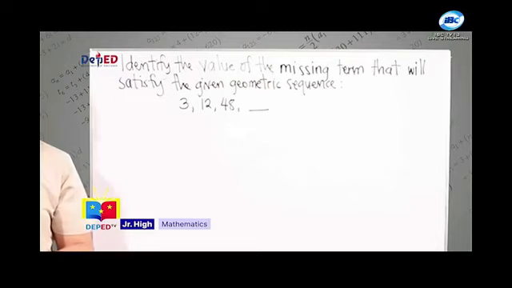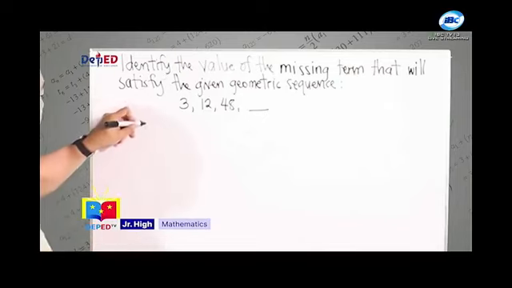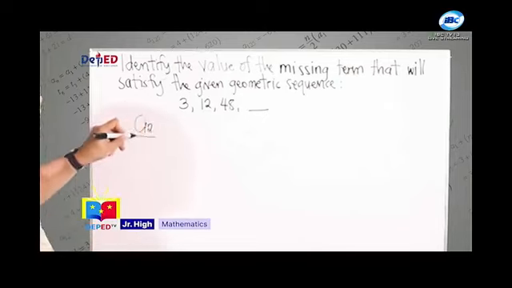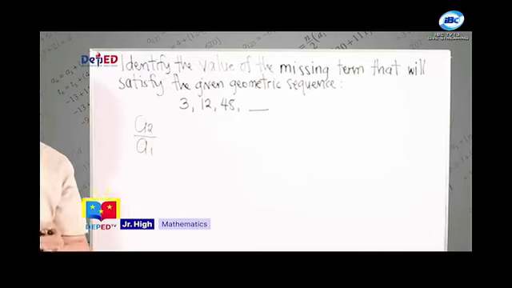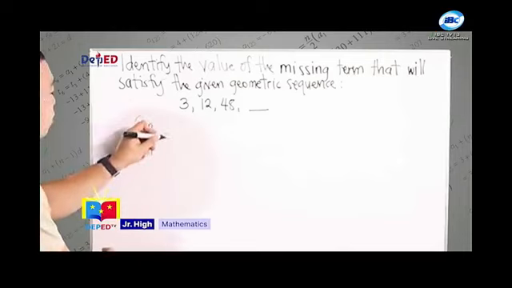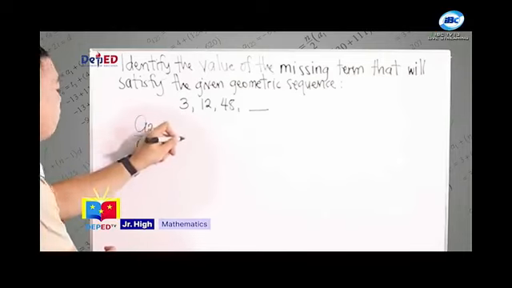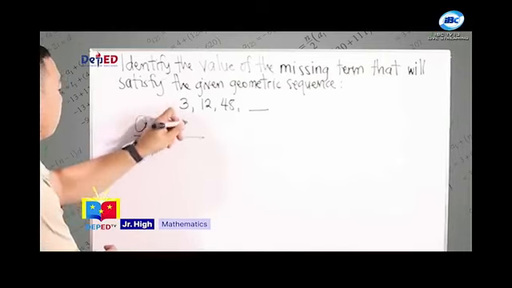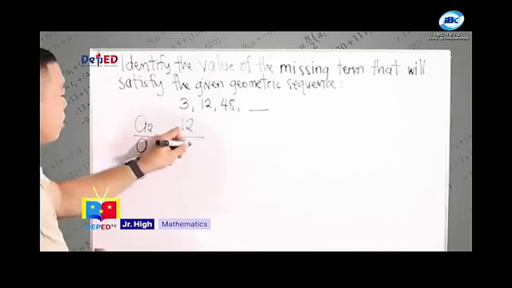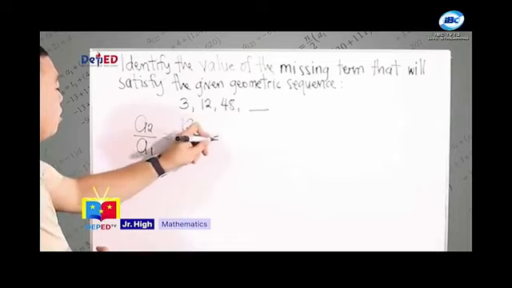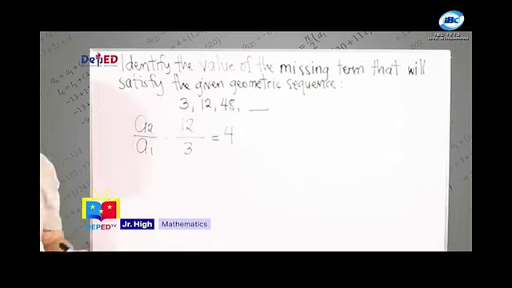To obtain the missing term, let's determine first the common ratio, and that is dividing the second term, or a sub 2, by the first term, a sub 1. Let's substitute the values. A sub 2 is 12, divided by a sub 1, which is 3, and 12 divided by 3 will give us 4.